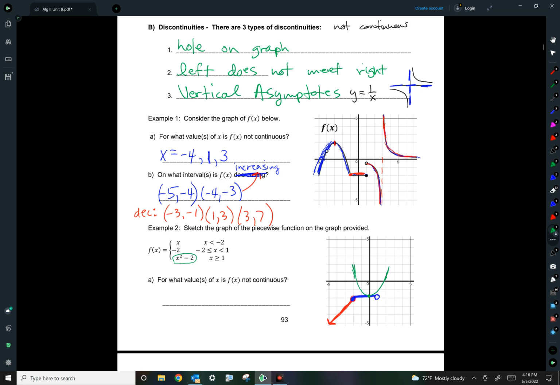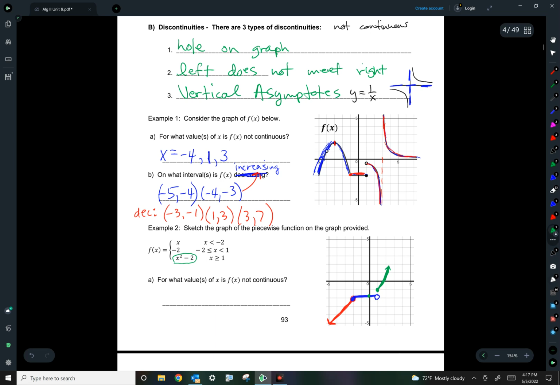I want when x is greater than or equal to 1. So see where that parabola hits x equals 1 right here. And if I only want the part that's greater than 1, that means I want the part over here on the right side. So I would only keep the right side. That means I don't want the other side of the parabola. Now, do I want that little endpoint to be an open circle or filled in? Well, because it has the equal to, it's going to be a filled in circle.